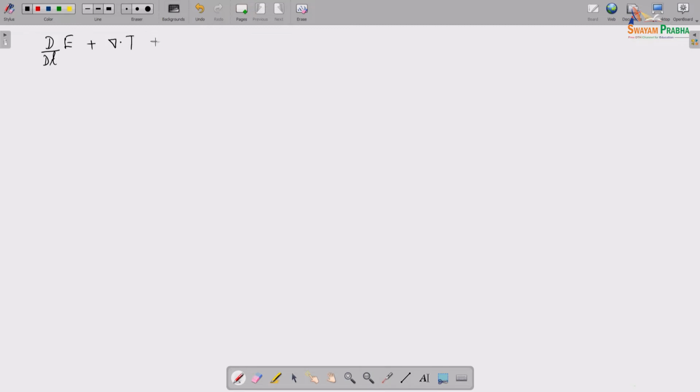This is the flux. Right, and where this Sij is the rate of strain tensor. Okay, let me write that down. This is the rate of strain tensor.